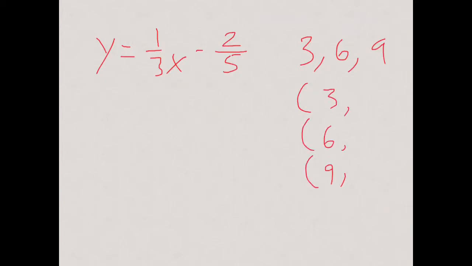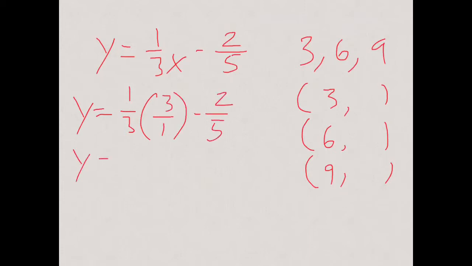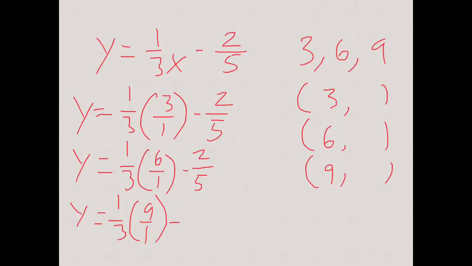Now I need to find y for each one. So y is equal to 1/3 times 3 over 1, or 3, minus 2/5. Y is equal to 1/3 times 6 over 1, minus 2/5. And y is equal to 1/3 times 9 over 1, minus 2/5.